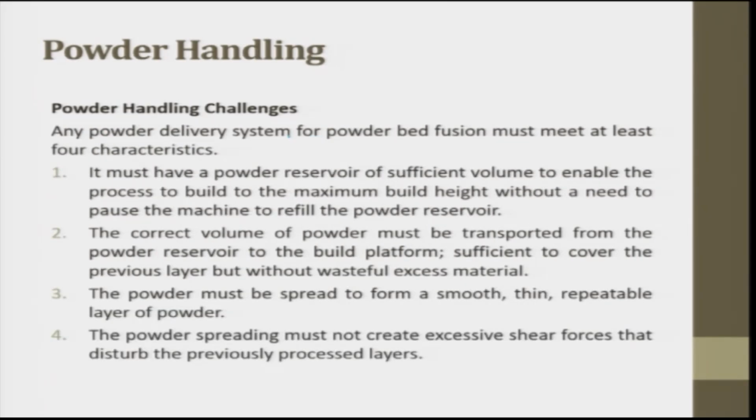Any powder delivery system for powder bed fusion must meet at least 4 characteristics. It must have a powder reservoir of sufficient volume to enable the process to build to the maximum build height without a need to pause the machine to refill the powder reservoir.